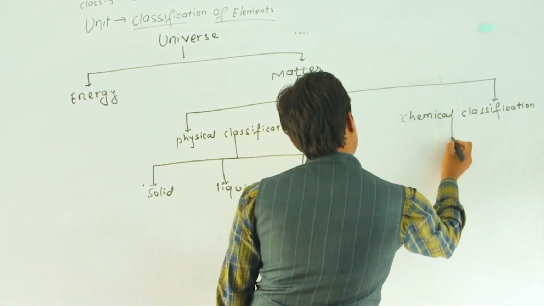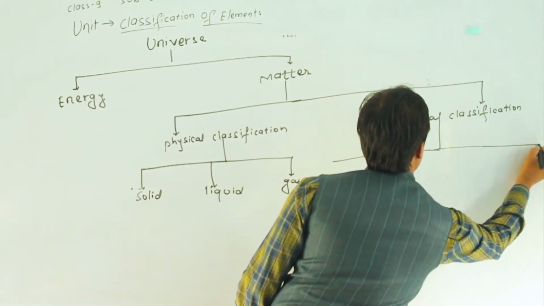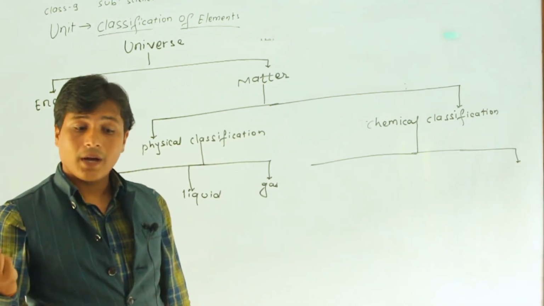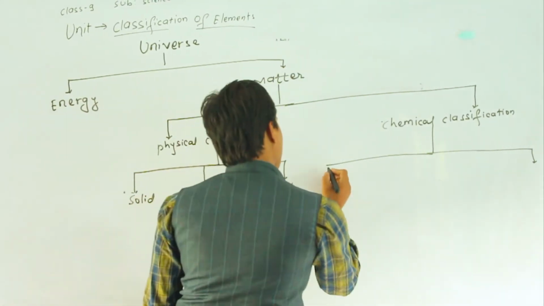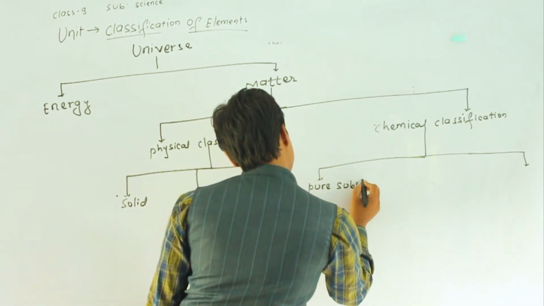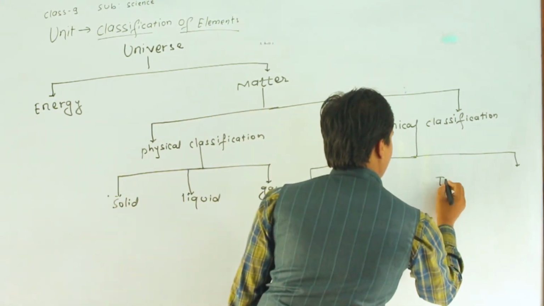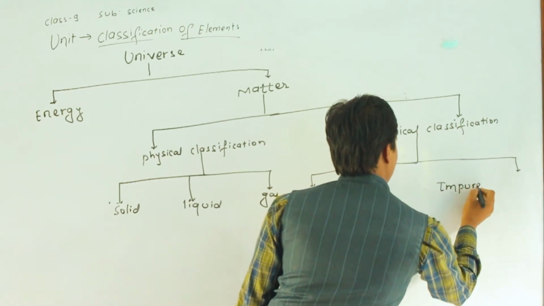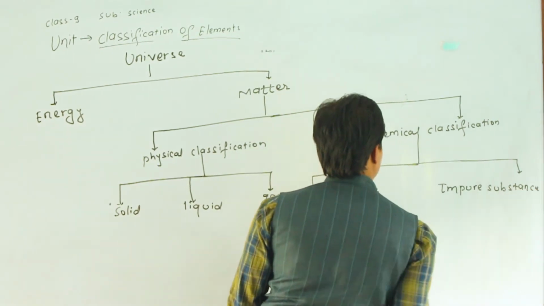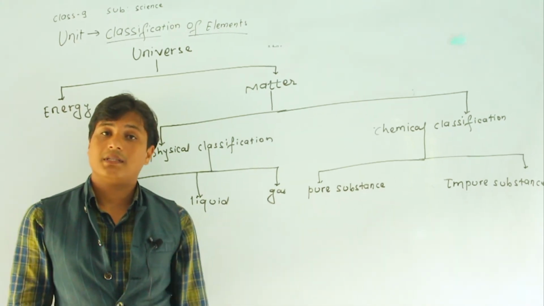And chemical classification is further divided into two components, that is, pure substance and impure substance.